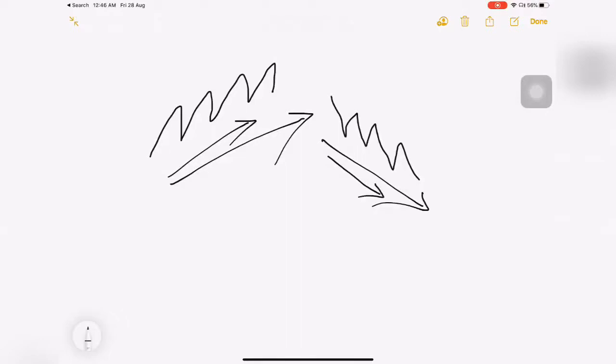As you can see, these individual points are called tops. For this period, this is the top and this is the bottom. Similarly for this period, this is the top, this is the bottom.